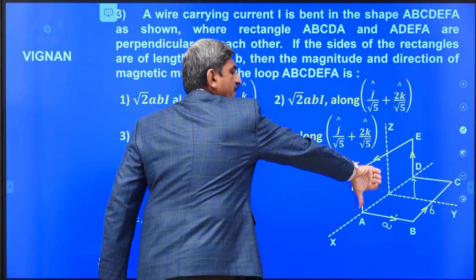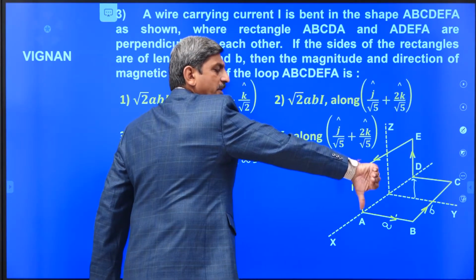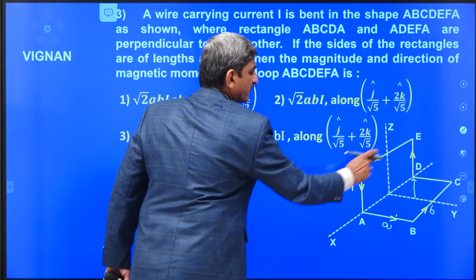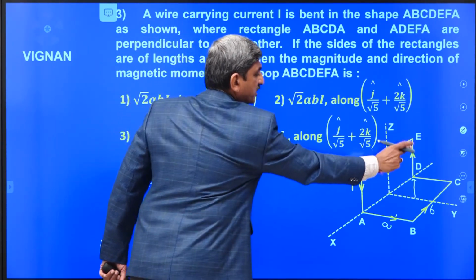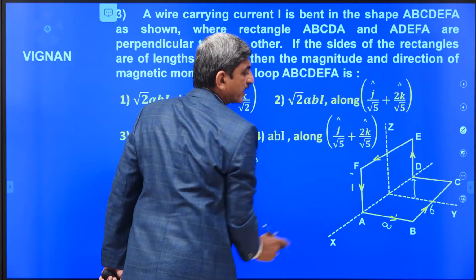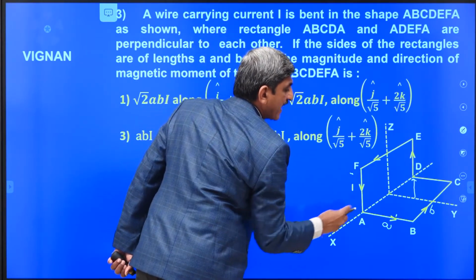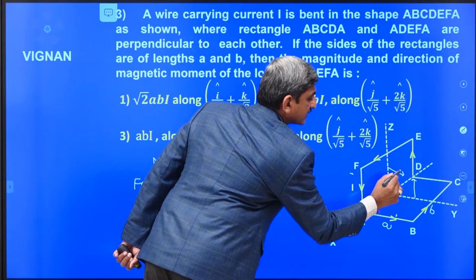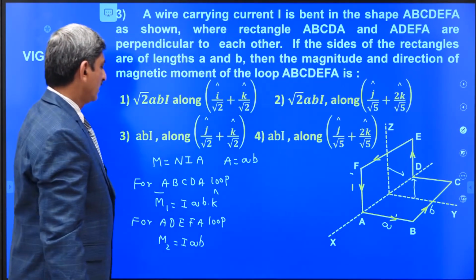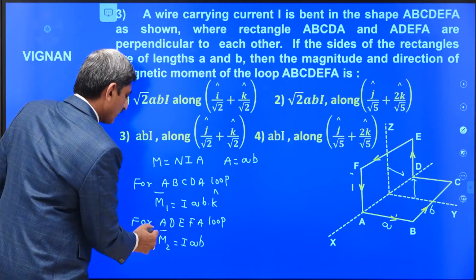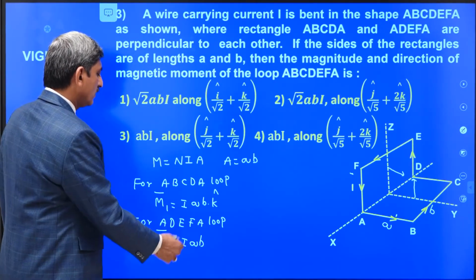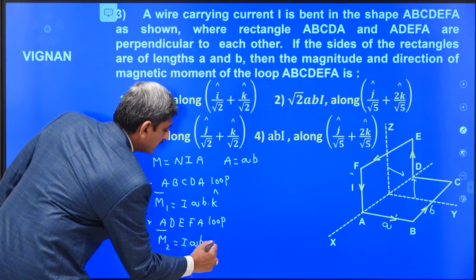That's why the direction of the magnetic moment is coming out of the board. That means it is perpendicular to the plane containing this part of the coil. You know that this part is in the XZ plane. That's why the magnetic moment is along the y-axis direction like this. And that's why the vector form of the magnetic moment is given by M2 bar is equal to IAB j cap.